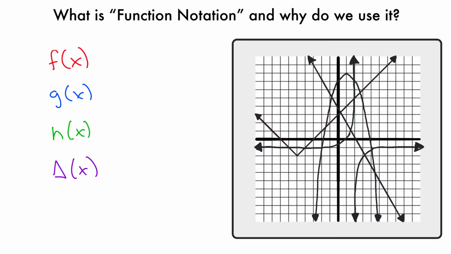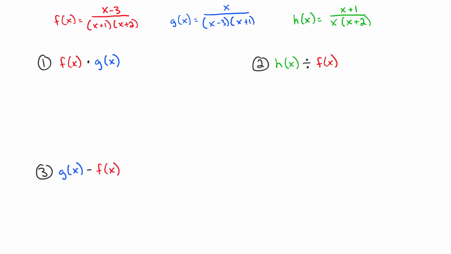But with that, we're allowed to do some more advanced mathematical things. I have three functions, f, g, and h. I'm going to do a variety of things to them. I might add them together, I might subtract them, I might multiply them, I might divide them. Instead of rewriting those equations each and every time, I can abbreviate those operations like I do in problem number 1 and just say f of x times g of x.